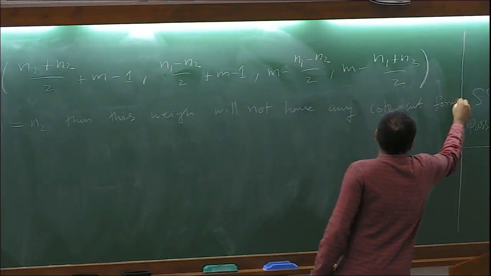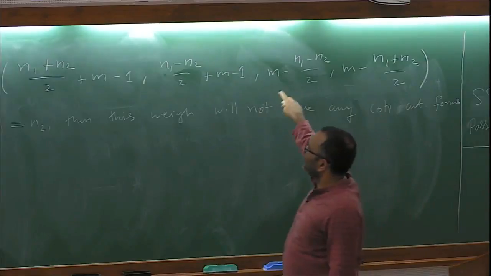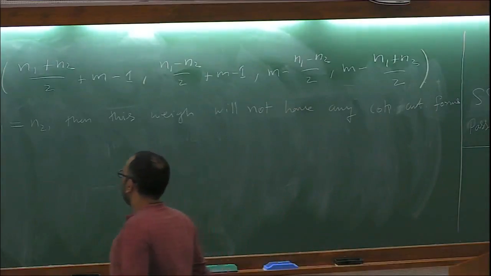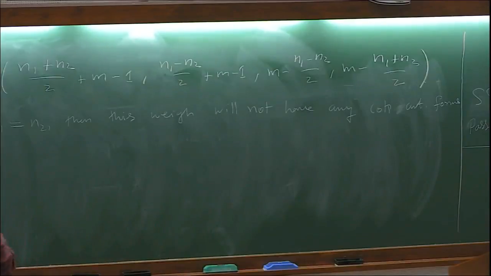So you don't want to allow this condition, and for the sake of continuity you just assume that N1 is bigger than N2. So parallel weight, the Asai transfer is not cohomological in GL4, so you cannot do that.